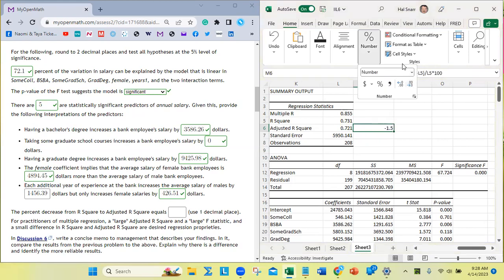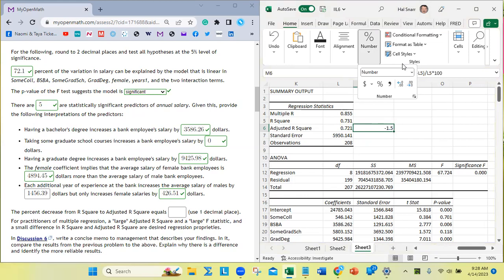When you go from R square to adjusted R square, if you add a bunch of predictors to a model, you can artificially inflate the R square. So what adjusted R square does is it accounts for adding variables that may or may not matter.